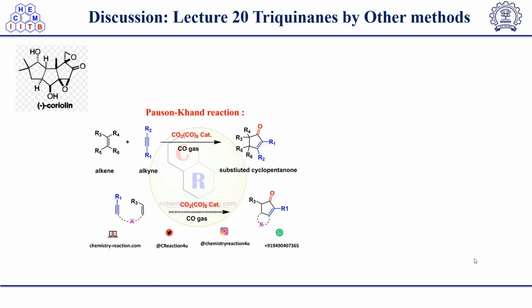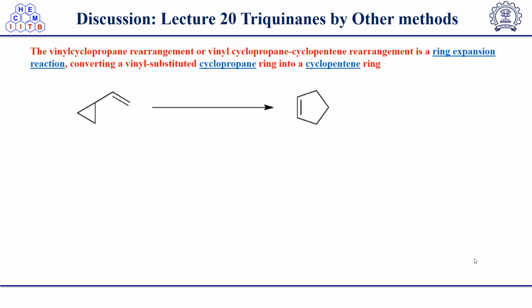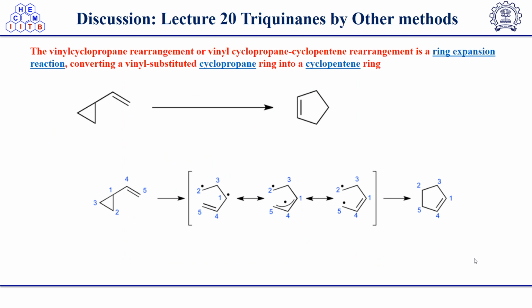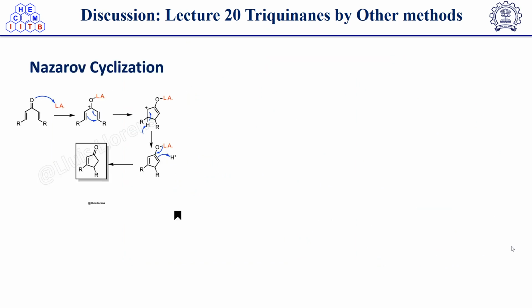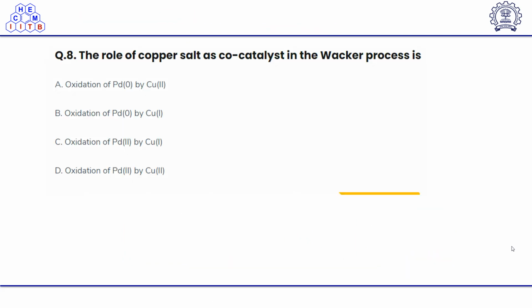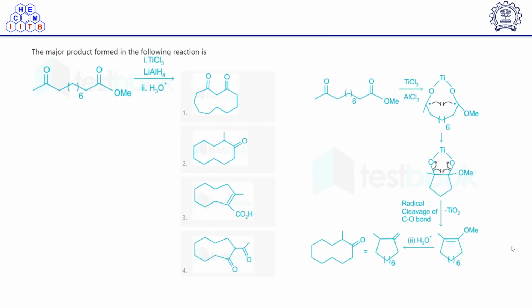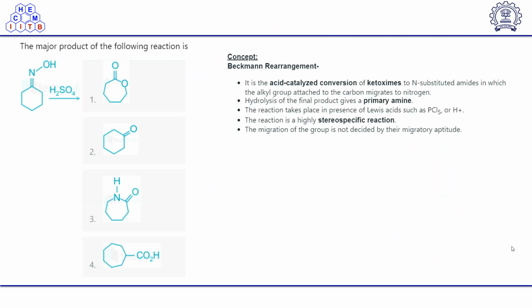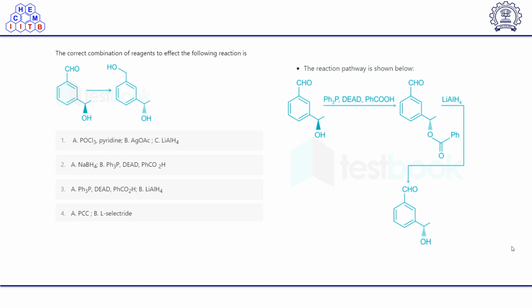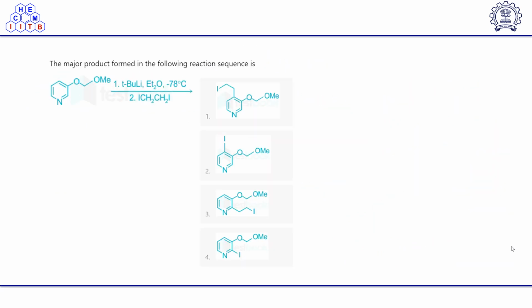And then the Pauson-Khand reaction, ring expansion reactions, and Nazarov cyclization for the construction of triquinanes. These are some of the examples which we discussed previously.